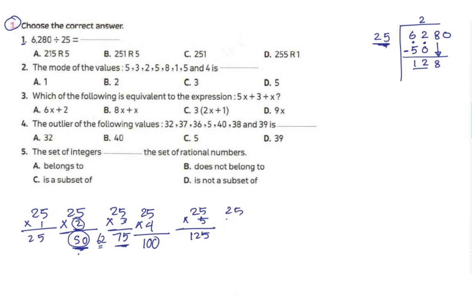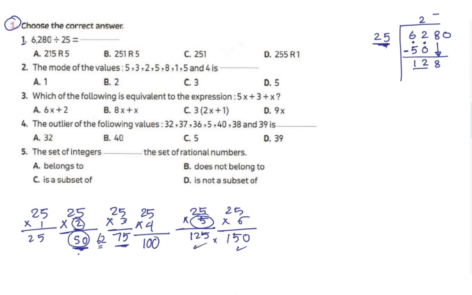If I use 6, it equals 150. Okay? And 128 is in between 125 and 150. 125 is the closest number to 128. So I will use 5. So 128 includes 5 25s. So 5 is the correct digit.